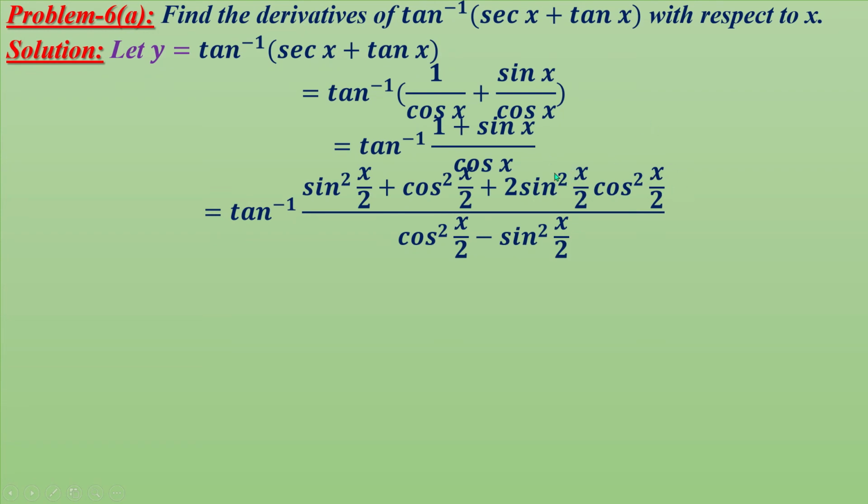Clear? And 1 is equal to sin square a plus cos square a. So we can write sin x by 2 plus cos x by 2 whole square, because a square plus b square plus 2ab.